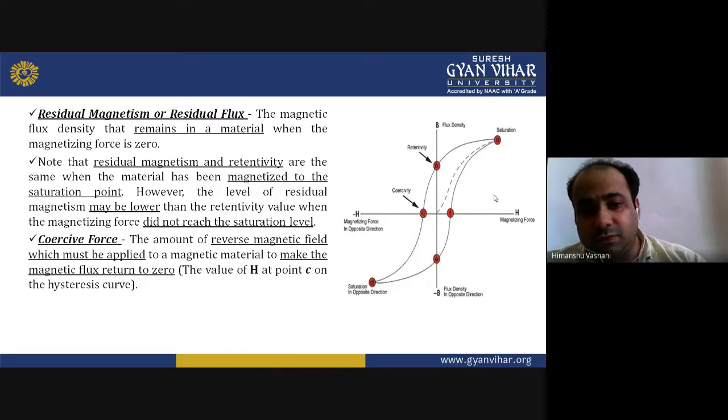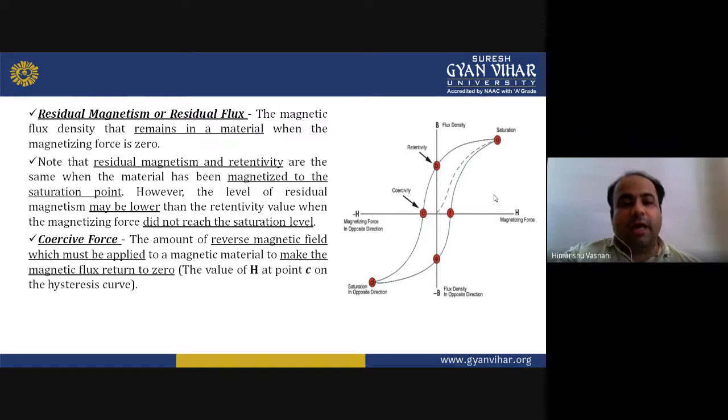Now the coercive force is the amount of reverse magnetic field which must be applied to a magnetic material to make the magnetic flux return to zero. The coercivity point, small c, is there.